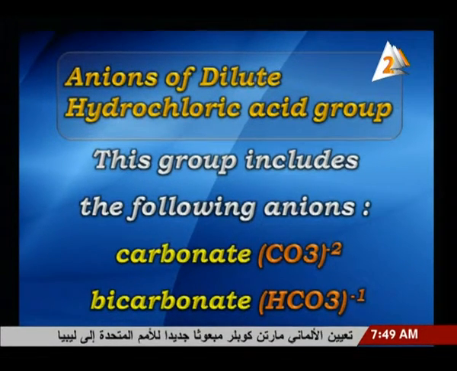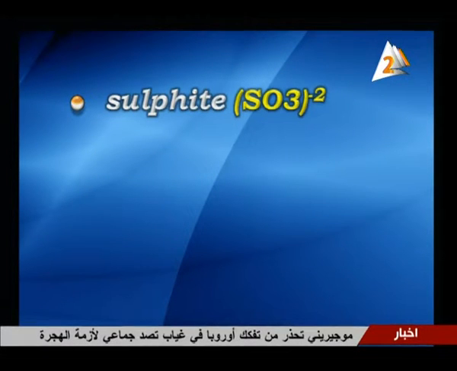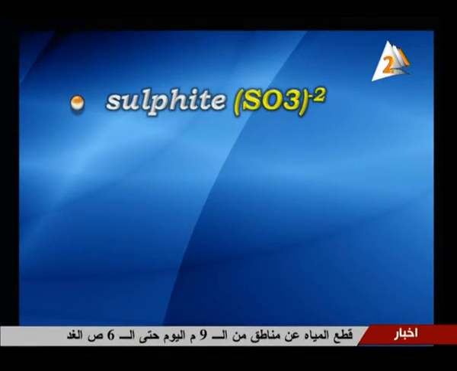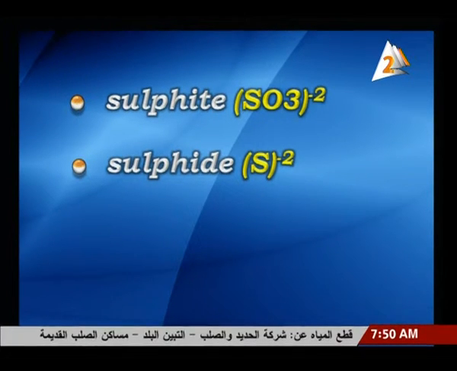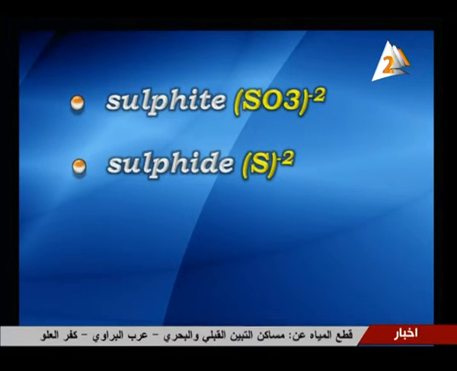But also we have the sulfite group, what is it? It's SO3 -2. Now, what is the difference between sulfide and sulfite? The sulfite is SO3, but sulfide, ending with I-D-E, is S-2. Both of them have -2. It's great.